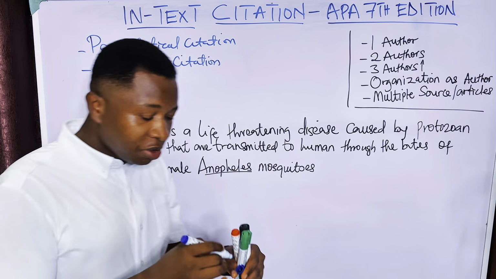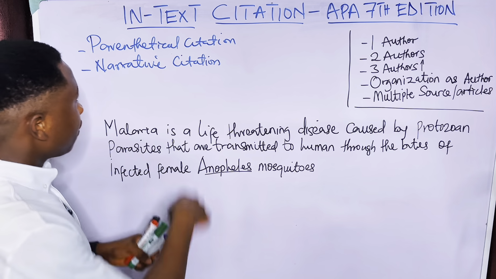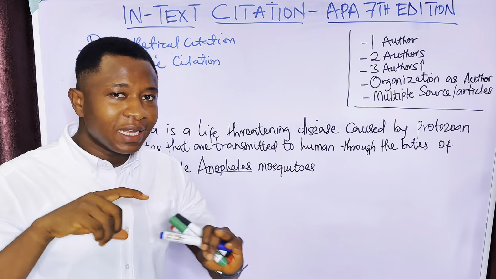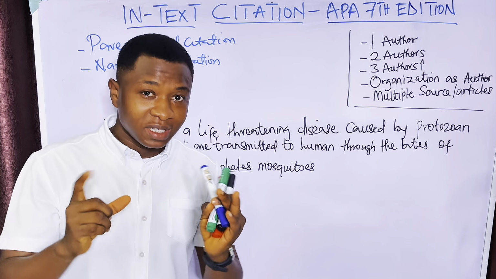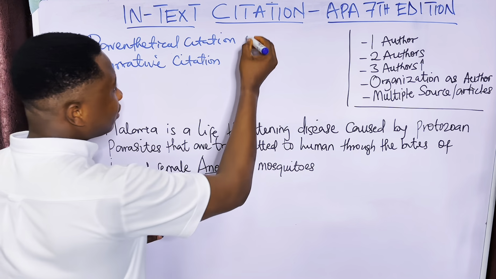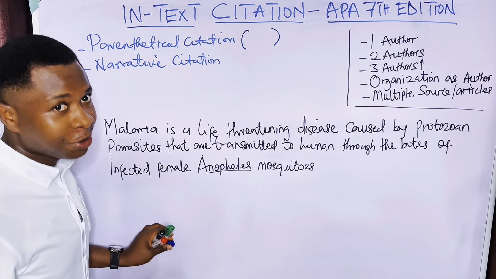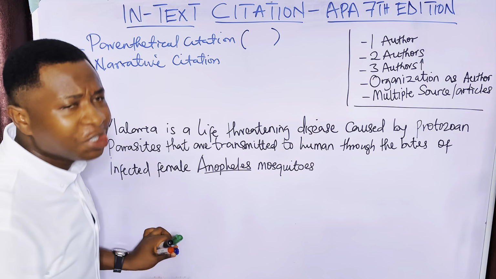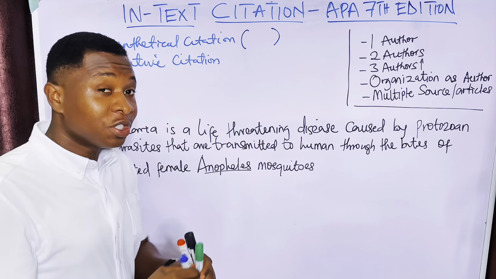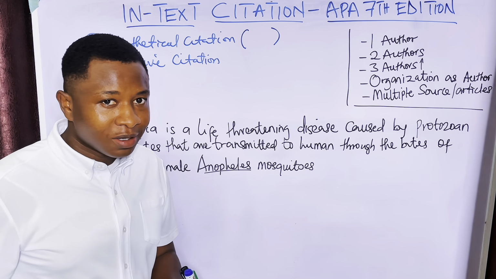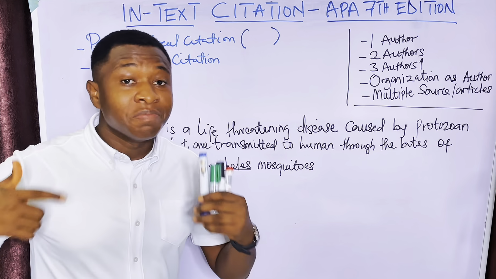The difference between these two types is that for the parenthetical citation, the source is in parentheses, in a bracket. So the source is in a bracket like this. That is why it is called parenthetical citation. Meanwhile, for the narrative citation, the citation is incorporated into the body of the text. So you can read it as a sentence and it makes sense.